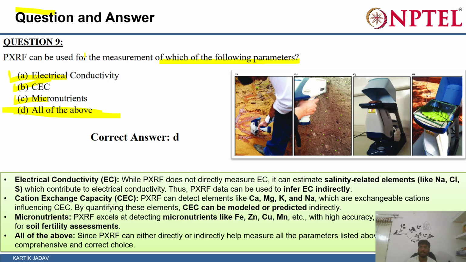Micronutrients and certain heavy metals like iron, zinc, copper, and manganese can also be estimated through PXRF. All of the above is the correct answer for this question.